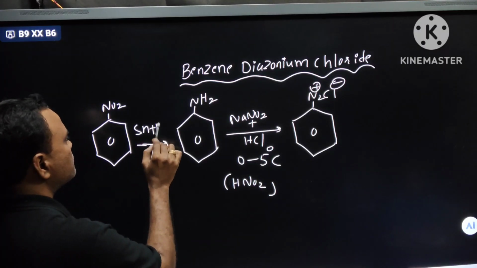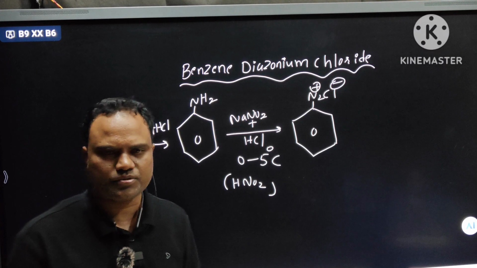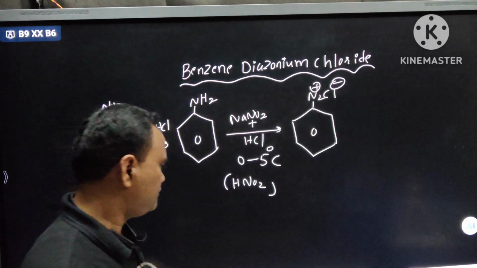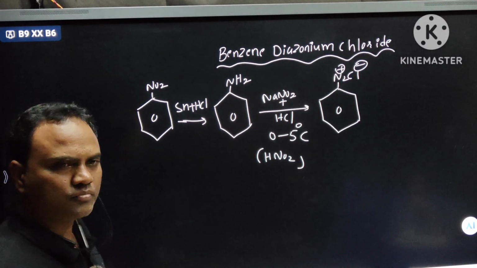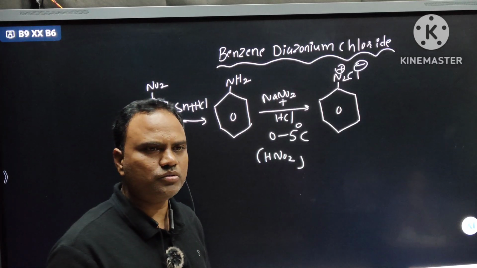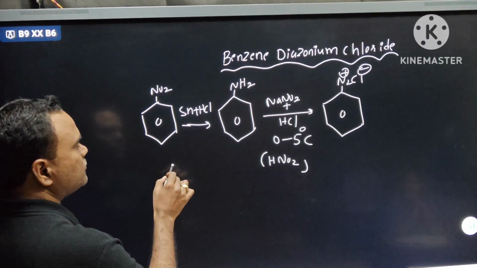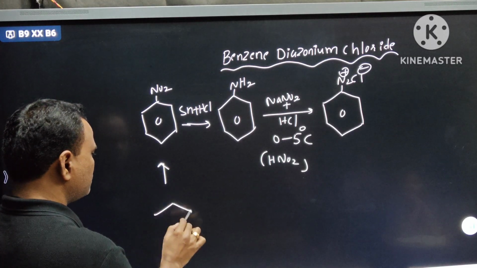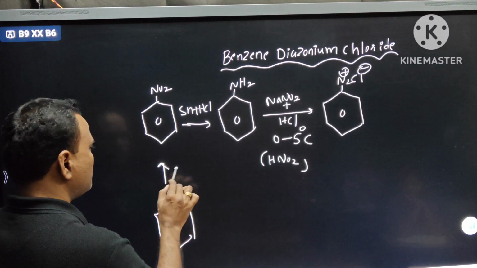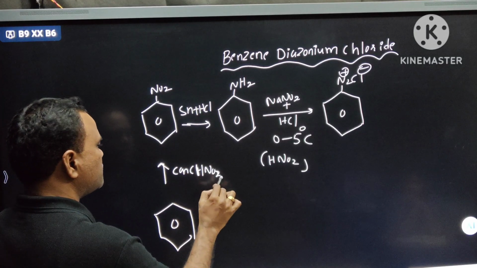Tin plus HCl. So conversion type questions. How to get NO2 from benzene? Concentrated HNO3 plus H2SO4, the nitration mixture.